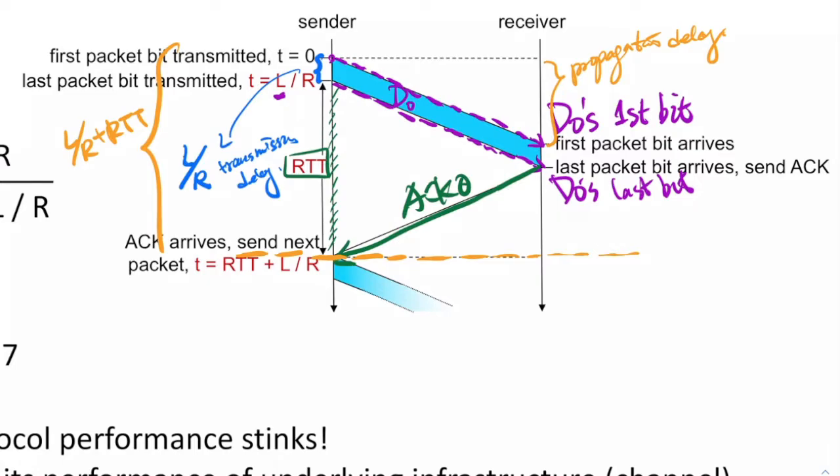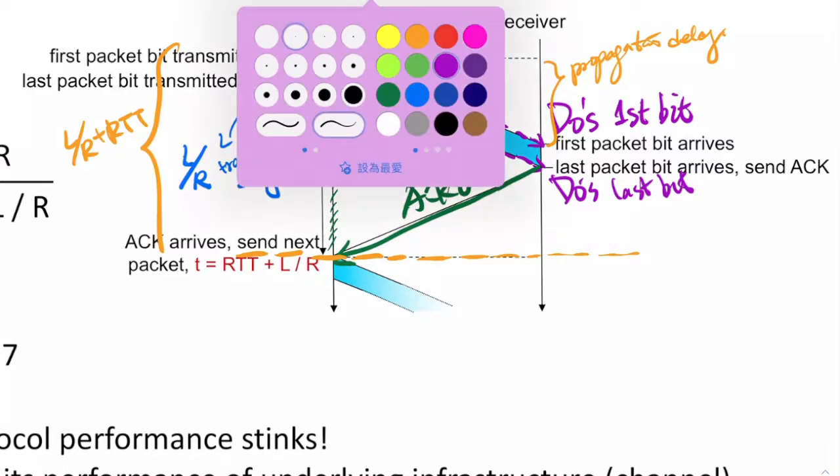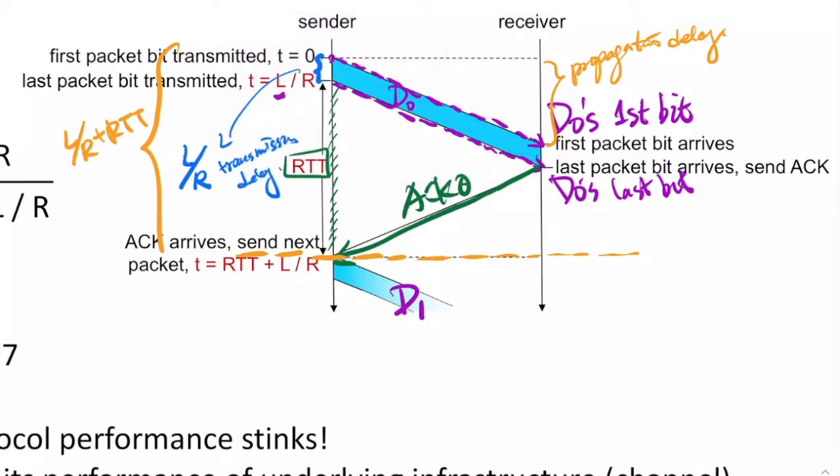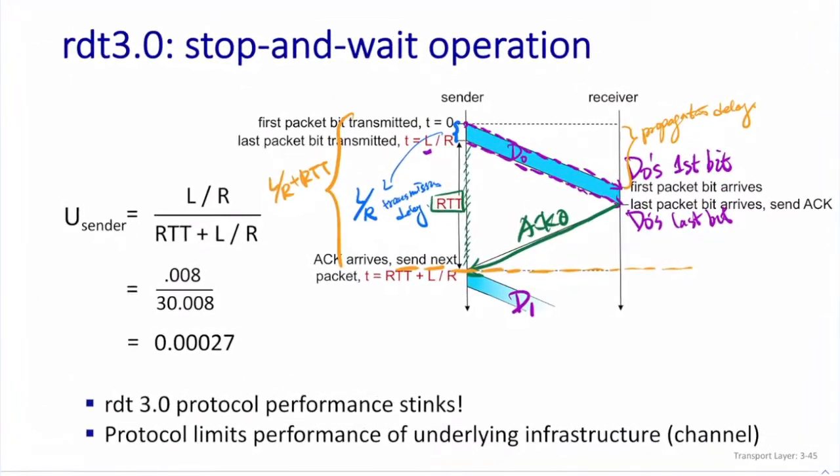The sender can only send D1 after it receives ACK number 0. So the sender has to wait. In this L over R plus RTT, only this portion of time, L over R, is useful, that means we can transmit a packet.